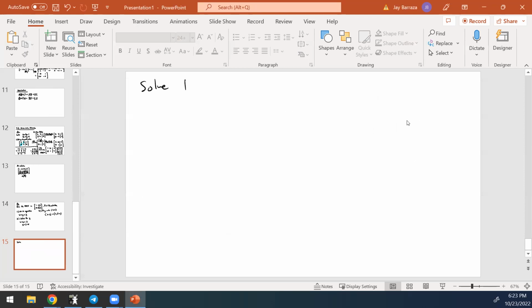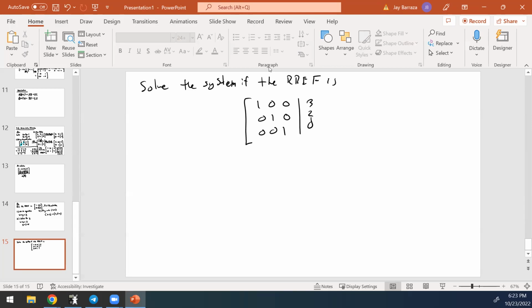Solve the system if the row reduced echelon form is 1, 0, 0, 0, 1, 0, 0, 0, 1, 3, 2, 0.